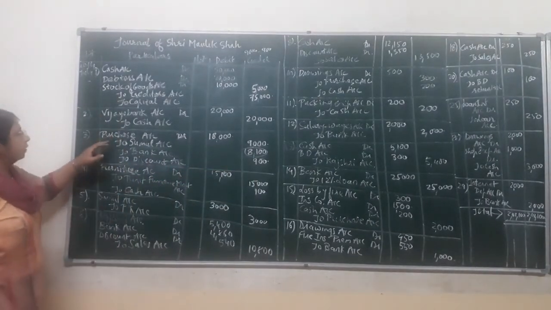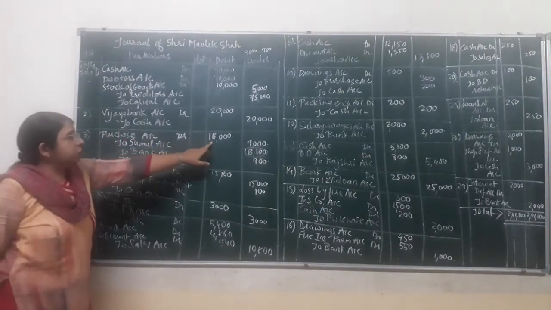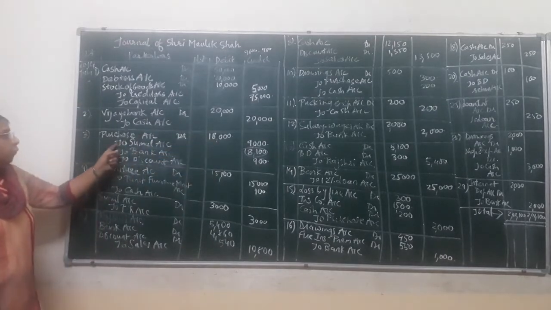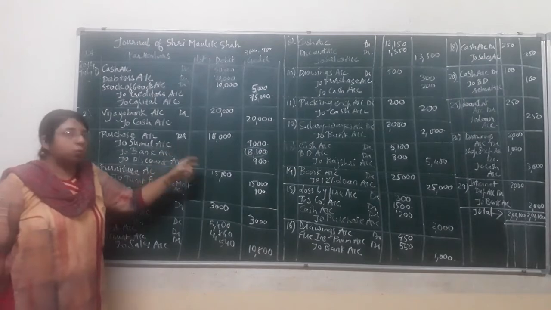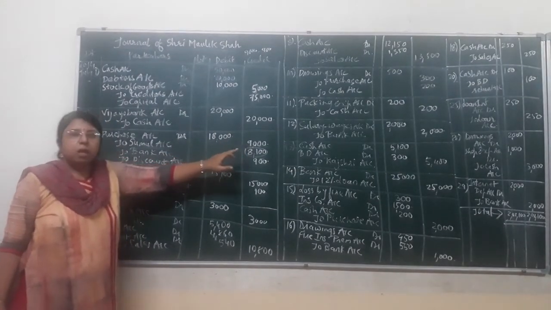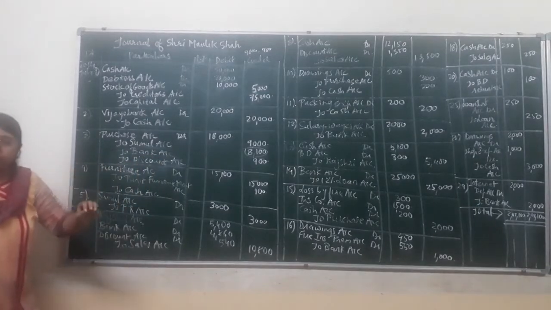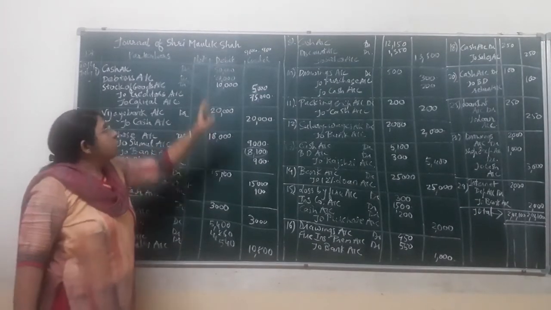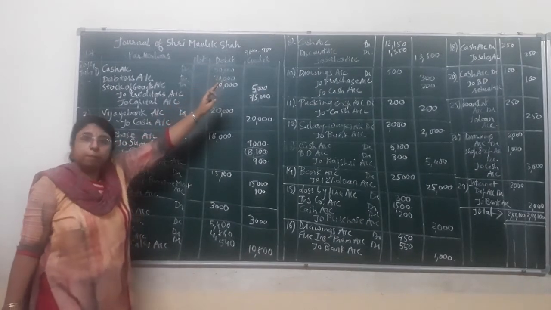Again, referring to the entry, purchase account debit, you have purchased the goods after subtracting credit discount, that is 18,000. From that, half of the amount you have not paid to Sumul, so that is a credit transaction. Half of 18,000, that is 9,000, and half amount you have paid in check. So on that half amount you will count the cash discount at 10%. So 9,000, 10% would come to 900.